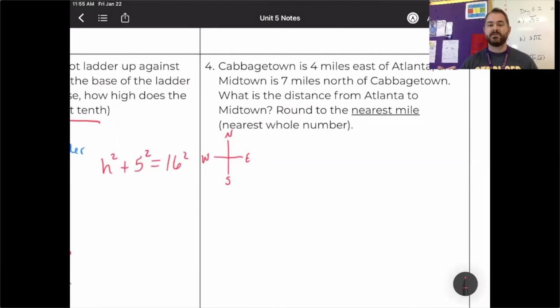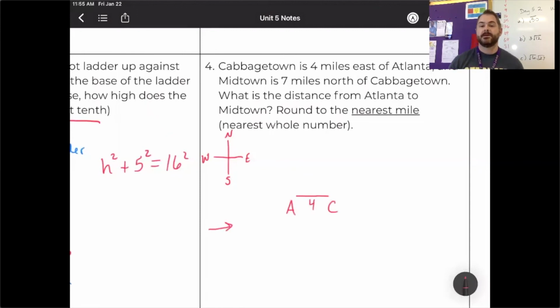So when it says Cabbagetown is 4 miles east of Atlanta, okay, remember east is going this way. If Cabbagetown is east of Atlanta, that means Atlanta is west of Cabbagetown. So Atlanta has to be the one on the west side. Cabbagetown has to be on the east side. Okay, so there's a distance between them of 4 miles.